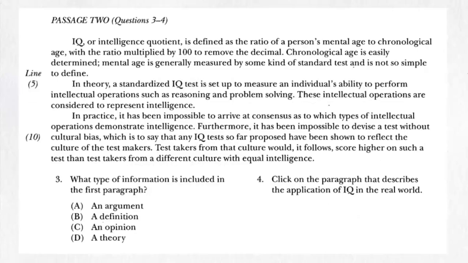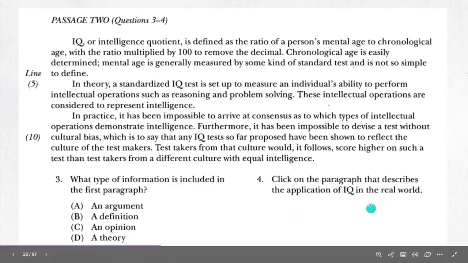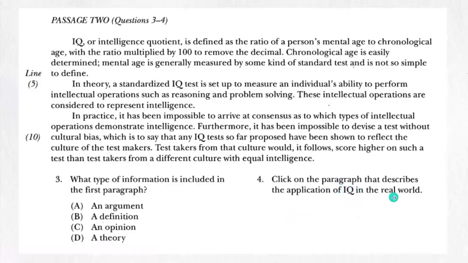Let's look at the questions first. It says, what type of information is included in the first paragraph? So my attention should be on the first one. And then it says, click on the paragraph that describes the application of IQ in the real world. Now here, I should focus my attention on the words IQ and real world.